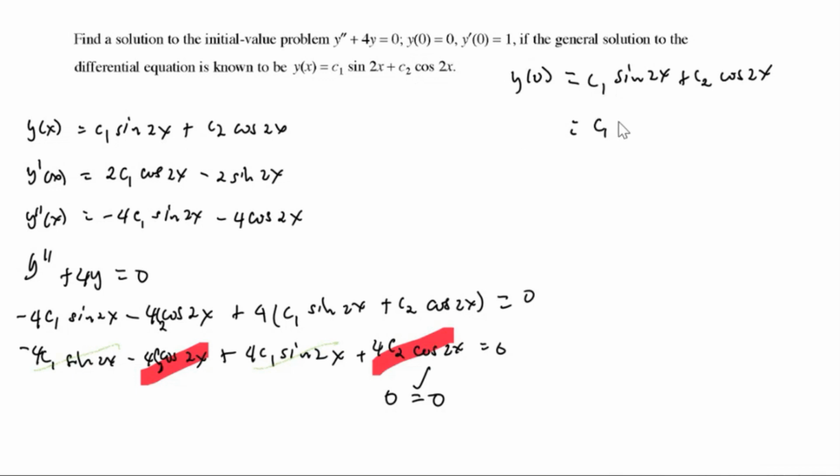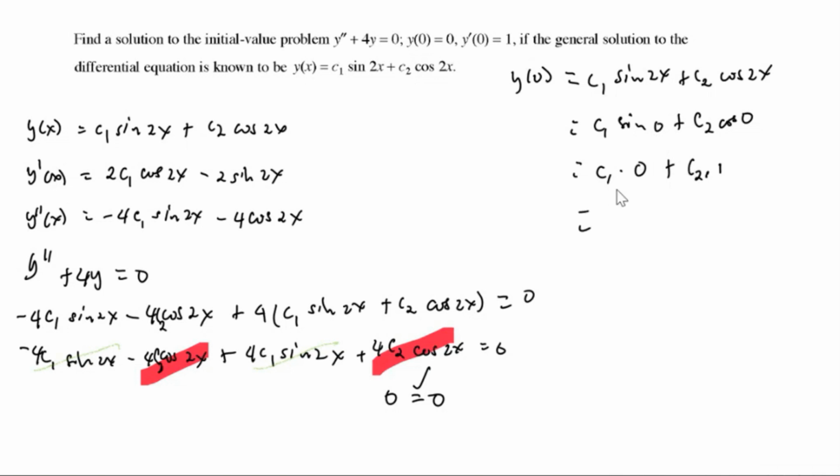So c sub 1 of sine 2 times 0 is 0, plus c sub 2 of cosine 2 times 0 is cosine 0. We know that sine 0 is equal to 0. We have c sub 1 times 0 plus c sub 2. We know that the value of cosine 0 is equal to 1.